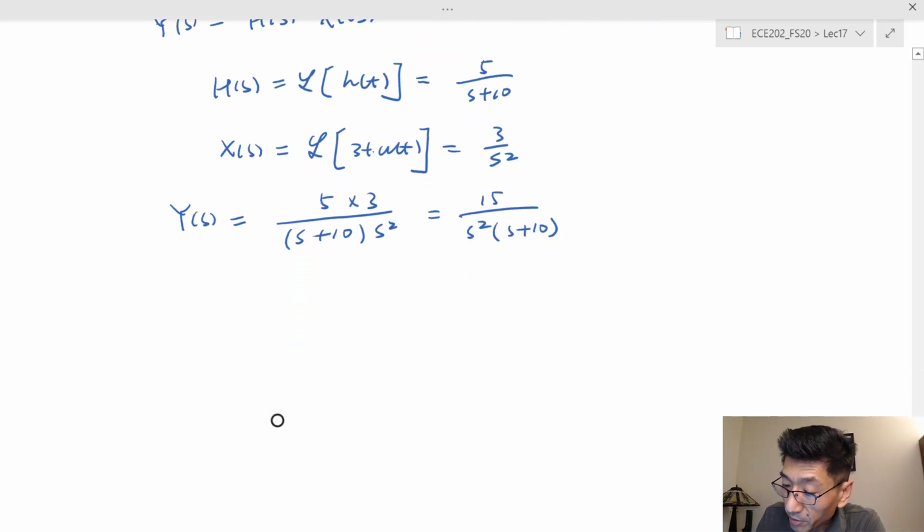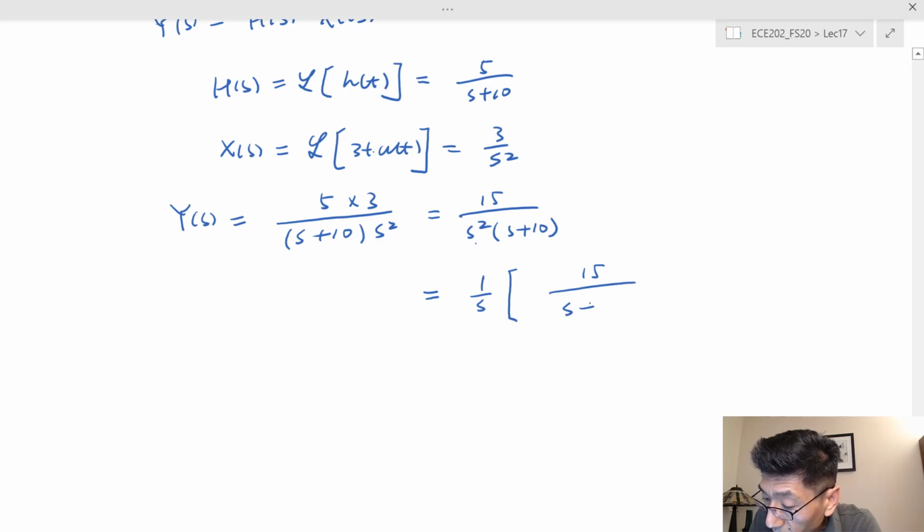In this case, we can do it in 2 steps, because we have multiple poles at s equal to 0, right? At the origin here, so we factor 1 over s squared out, and what we are left with is 15 over (s plus 10) times s.